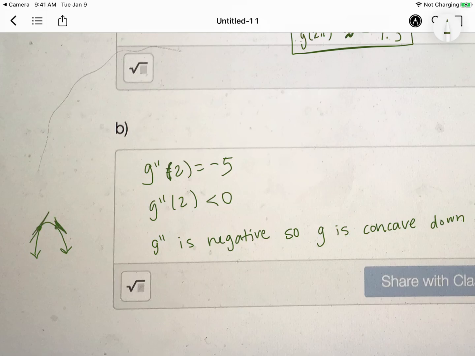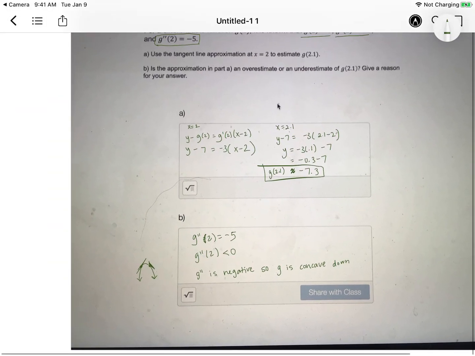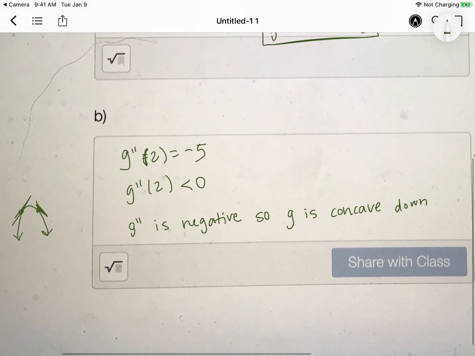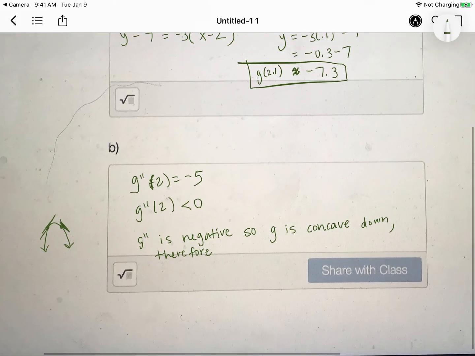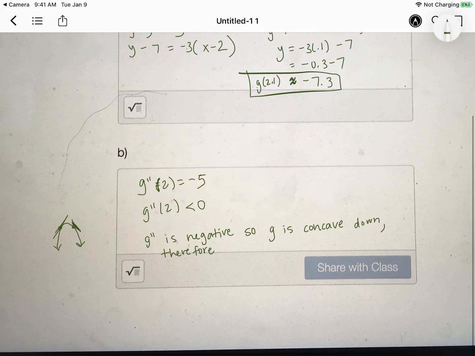You could even draw quick tangent lines and say, look, those tangent lines are above it. And so I would say, therefore, what was the value? G 2.1, approximately -7.3, is an overestimate.